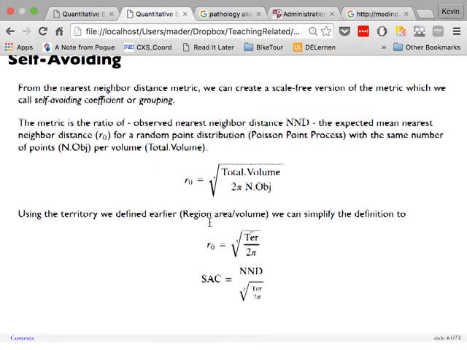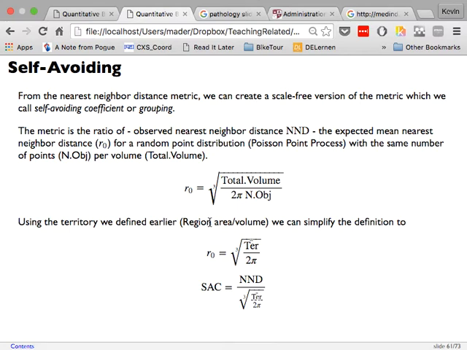Now to get into the last metrics that we wanted to cover, this idea of a self-avoiding object or self-avoiding distributions. When you look at how cells, for example, are grouped, you can quantify how well they're clustered together using something called the self-avoiding factor or self-avoiding coefficient.